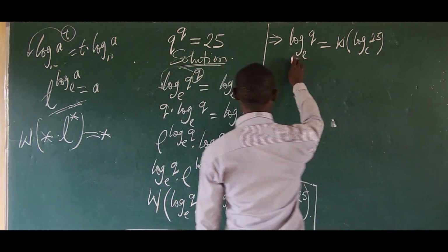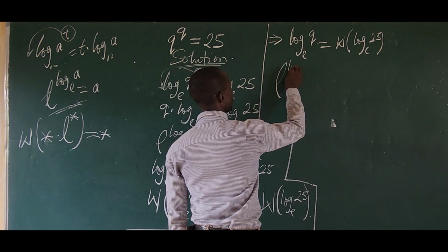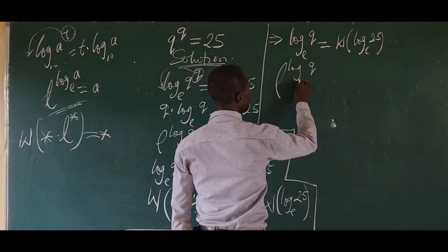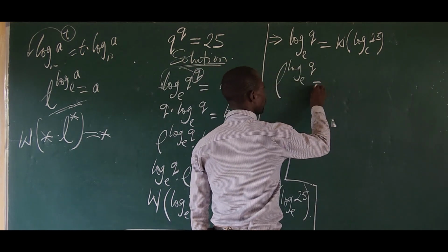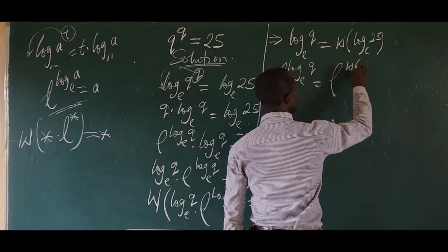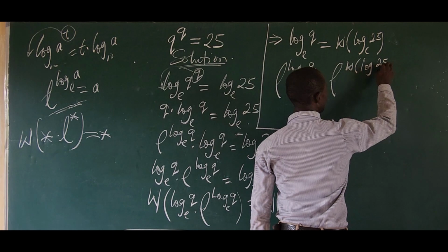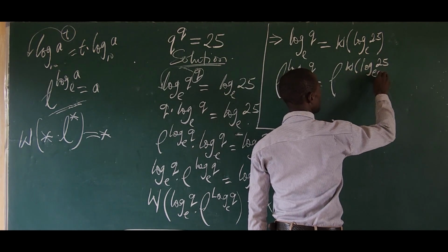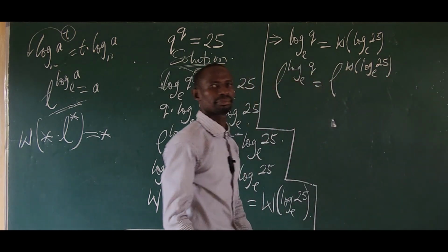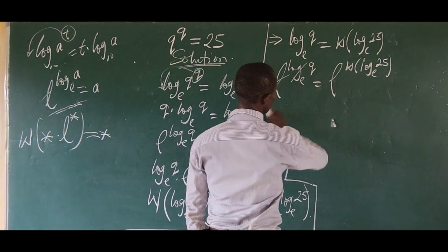And so we can rewrite this as e raised to log q base e equal to e raised to the Lambert W function of log 25 base e.